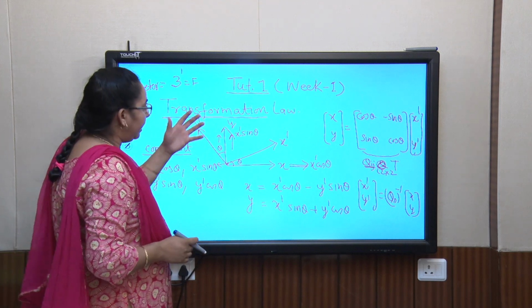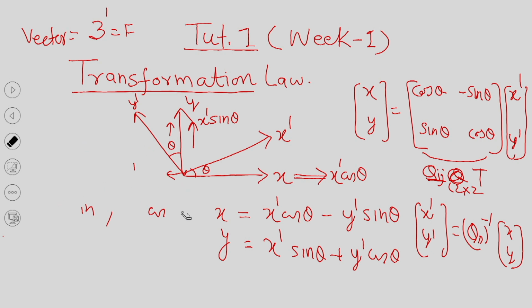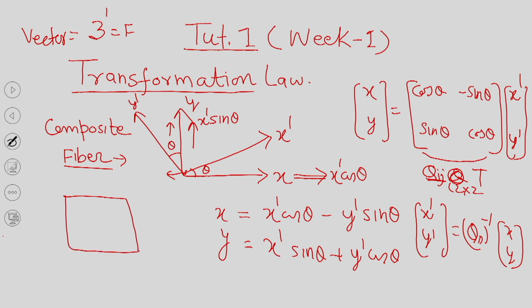Where are we going to use this mathematics? Let us say a composite. We know that in a composite there is a fiber, along which the material property is highest. So, let us say a lamina, a rectangular lamina in which graphite fibers or glass fibers are oriented like this.